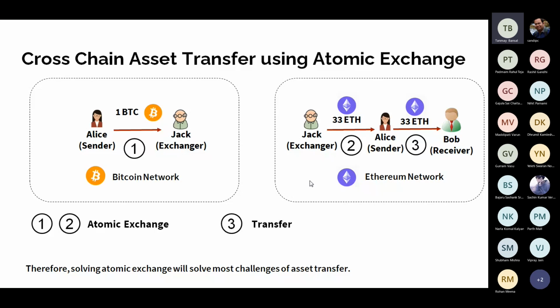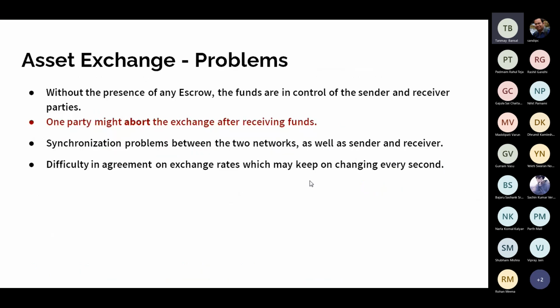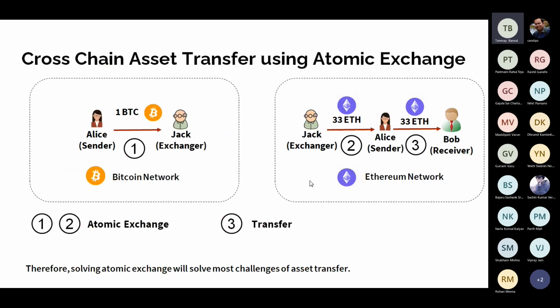So if we consider such cross-chain asset transfer using atomic exchange, it is like Jack is acting as an exchanger. Then this part about atomicity is the synchronization, and if one party aborts, it should be ensured that the money is refunded.